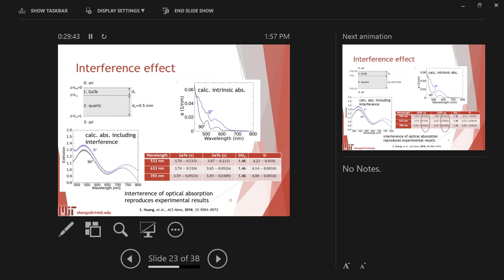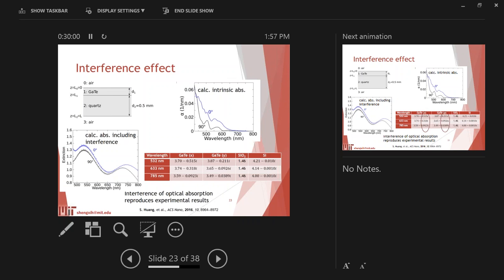So next, we study the interference effect, because as you probably observed, for the calculation the anisotropy seems to be very large, because this 0-degree absorption seems to be much larger than this 90-degree absorption.